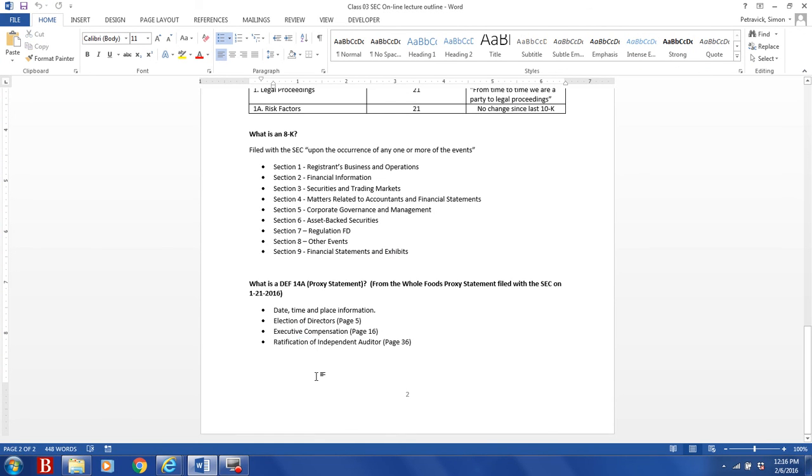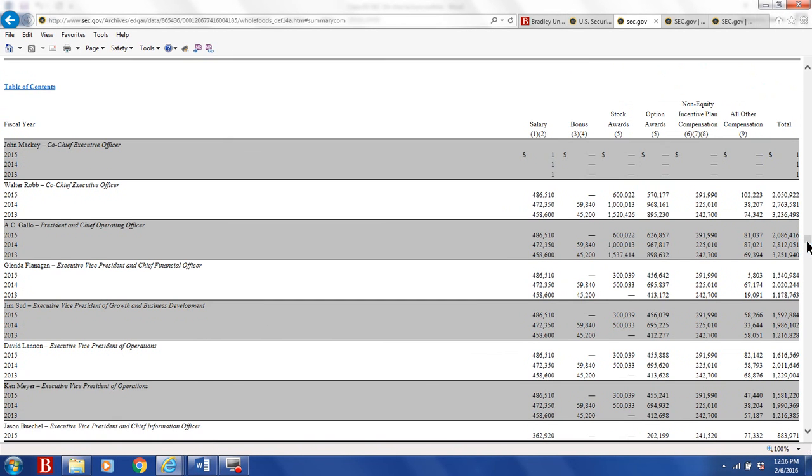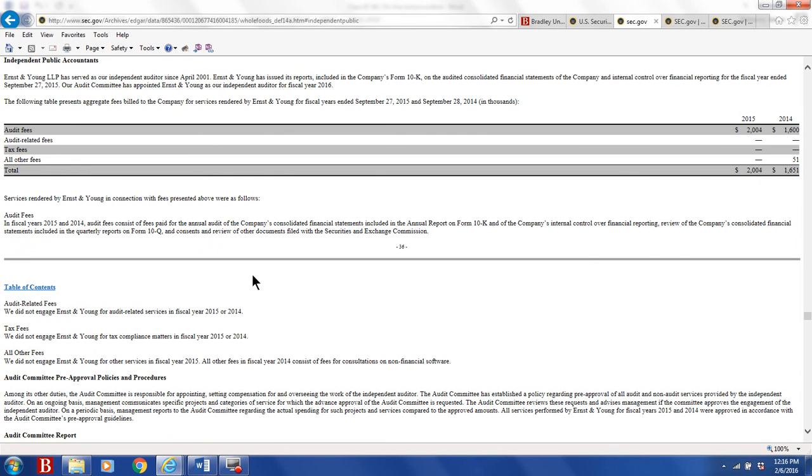And then the other thing that's included in the proxy statement deals with the ratification of the independent auditor. So if I return to the table of contents and go to this section on ratification of independent auditor, independent public accountant, you see here that they're asking the stockholders to approve Ernst & Young as their independent auditor.